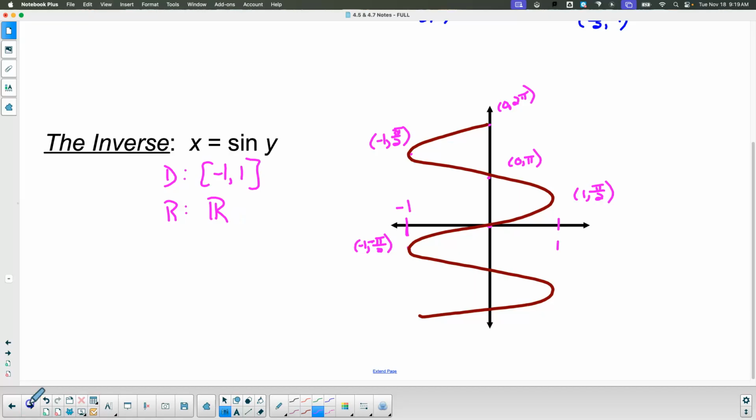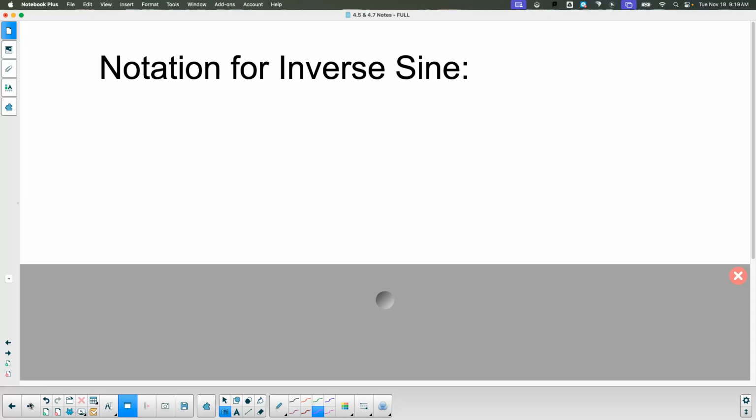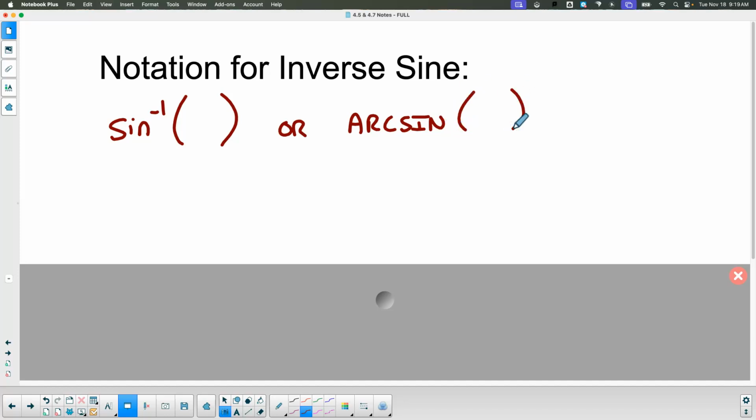And how we go about restricting it is, well, first off, let's talk a little bit about the notation. So the notation for inverse sine is the way that you've been seeing it forever. Or we're going to add one today: arc sine. Those both mean the same thing.